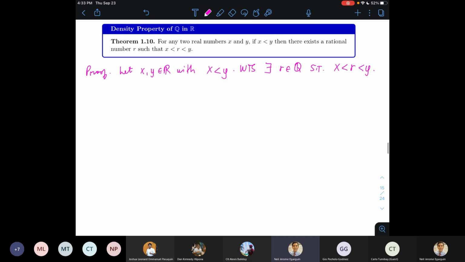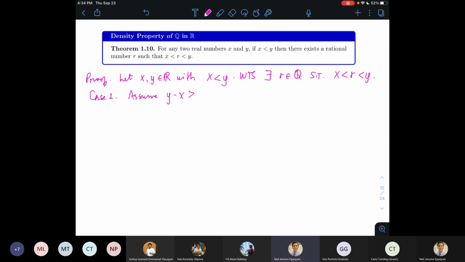Now, I will split my argument into two cases, okay? Case one is when the difference between y and x is greater than 1, okay? Kunwari, yung distance between y and x ay mas malaki sa 1. Okay? And then this is a clever trick.